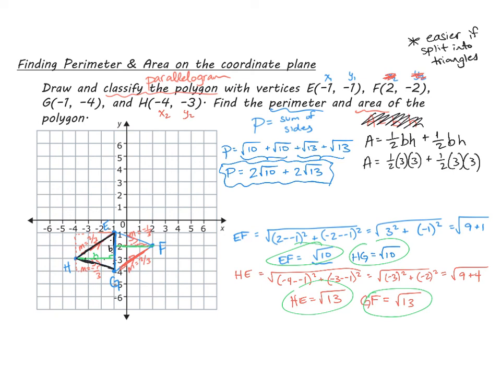So the area of our left triangle will be 3 times 3 divided by 2, or 4.5. And the area of the right triangle will be 3 times 3 divided by 2, another 4.5. Add them together, and we get 9 units squared because we're talking about area.